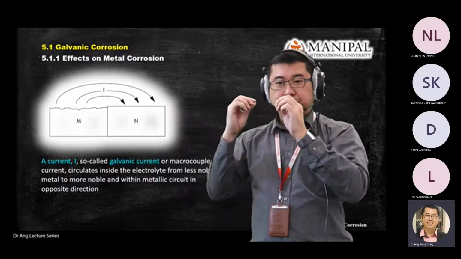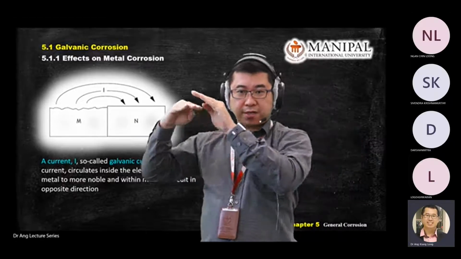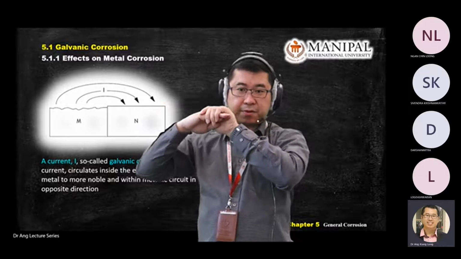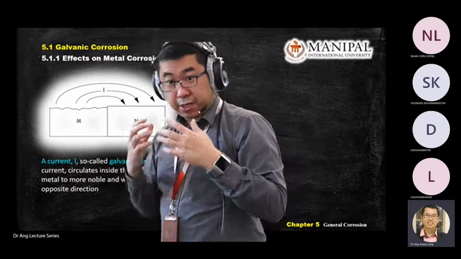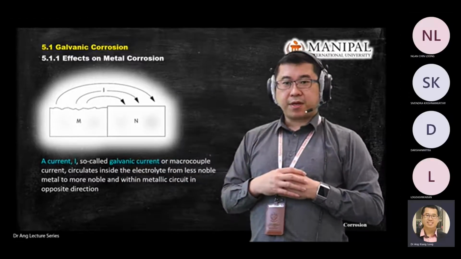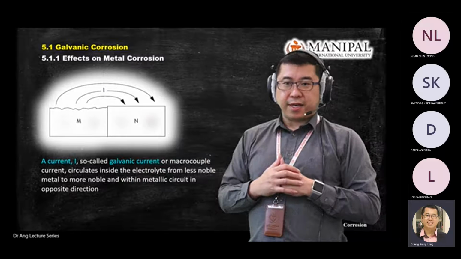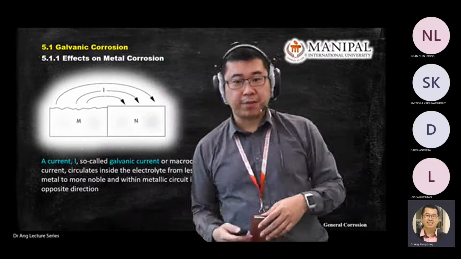They will become precipitation, something that sticks to the surface of the cathode. As long as you understand this principle of galvanic reaction, you are fine with the rest of the content in this chapter.